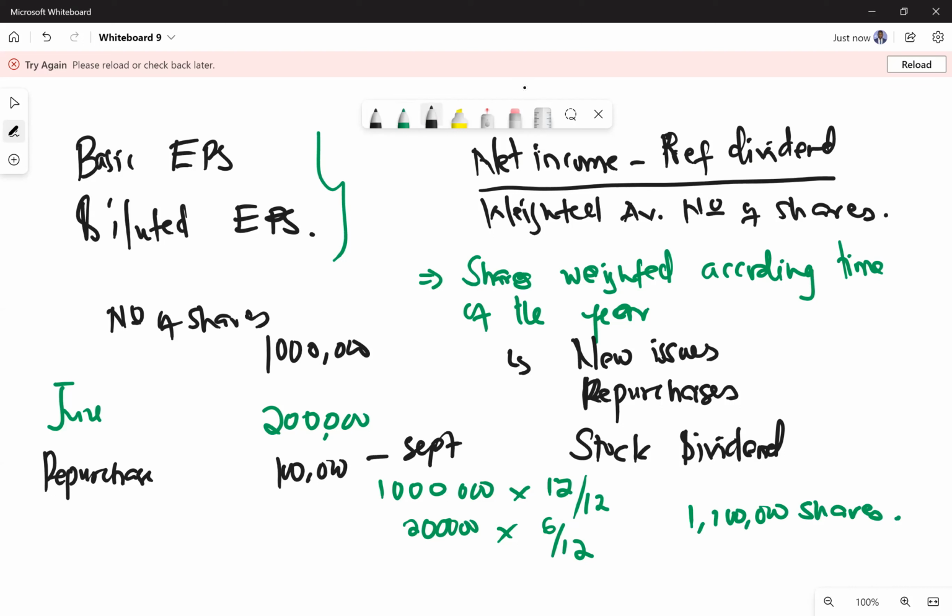How will it be accounted for? So I will go to Schweizer and demonstrate more of this. Then we use it to also explain the dilutive nature of some of the complex instruments that companies have in their capital structure.